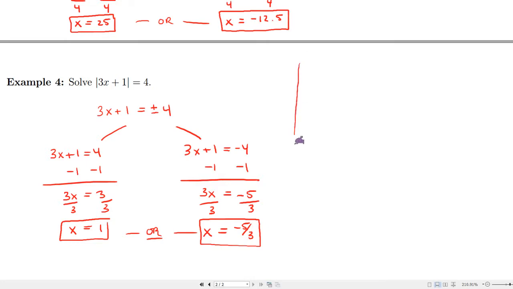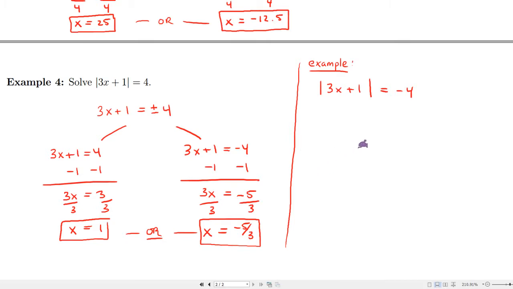Now, another thing you want to be careful of, just to throw this in there. What if, let's say, I give you this other example. Let's say that I changed this. So it said absolute value of 3x plus 1, but instead of 4 is equal to minus 4. Well, if you try to use the same procedure that we've been using all along, you'd just say, oh, well, we'll throw out those absolute values, and then you'll have plus or minus the thing that's over here, right?